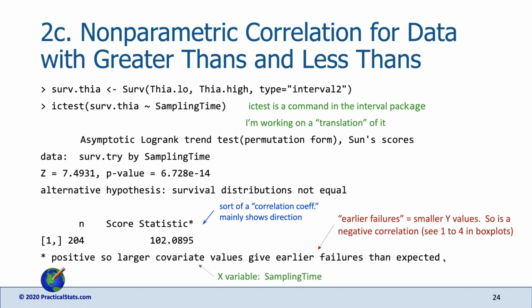Let's see. This is a command in the interval package itself, so I haven't made this friendly, and so I'm going to show you the output that is not as friendly as what you get with the IC test here. Again, it's just the y variable tilde the x variable, which is time now. So this is doing not really regression, but really more correlation.